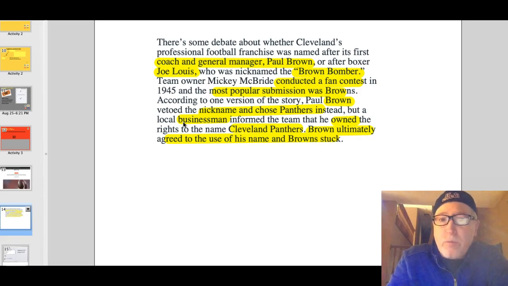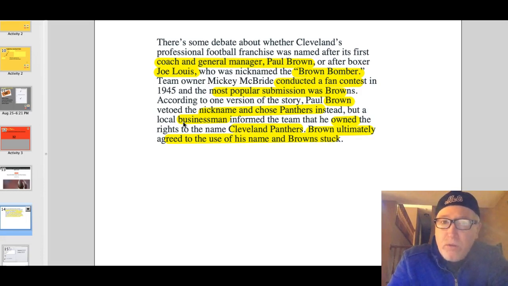So here's an abbreviated version of it. Back in the 1940s, they had this coach and general manager named Paul Brown. Around that time, there was also Joe Louis, one of my dad's favorite boxers, who was nicknamed the Brown Bomber. So the owner of the team conducted a fan contest to submit names for the football team, and the most popular name chosen was Browns. They're not sure if it was for Paul Brown or for the Brown Bomber or maybe some combination of both.